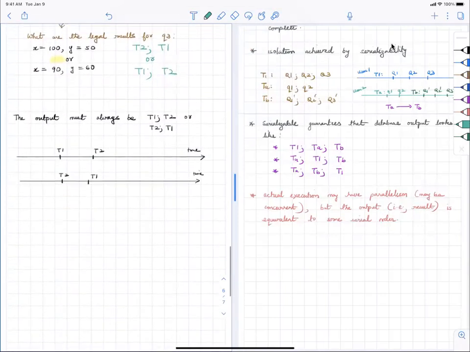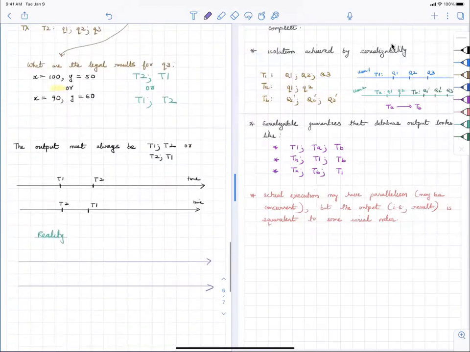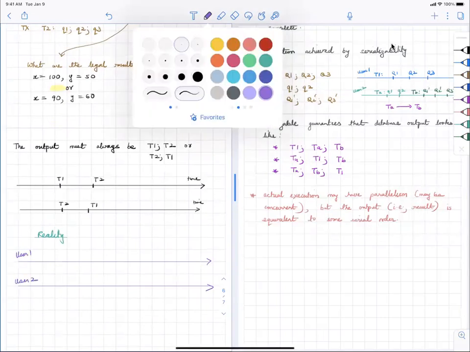So in reality, maybe this is what happened. So we have user one, user two. Maybe this is what happened in reality.